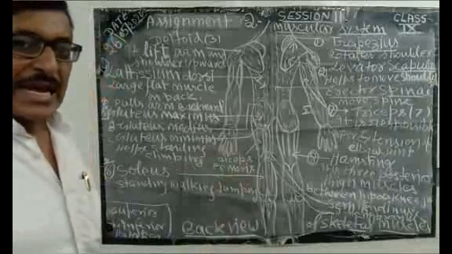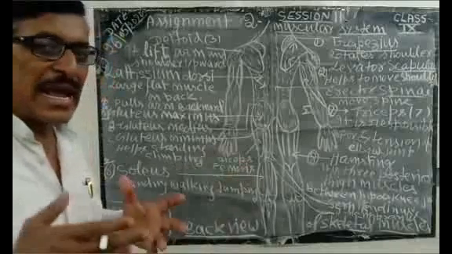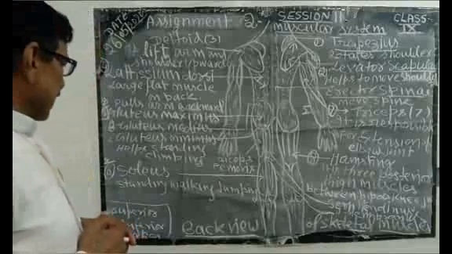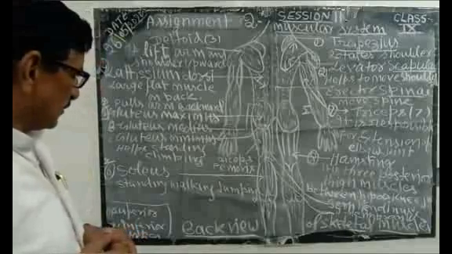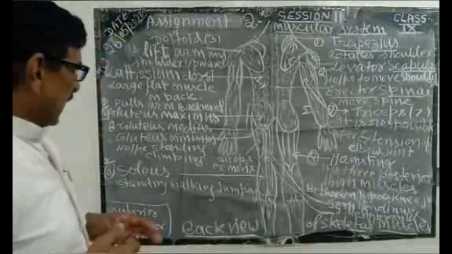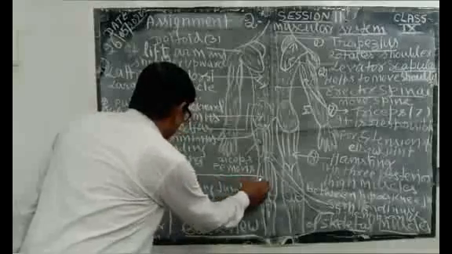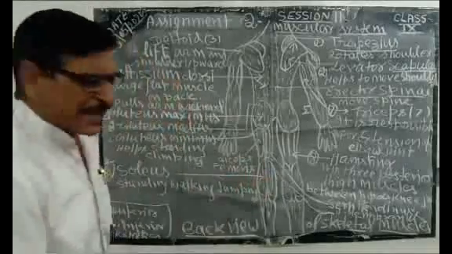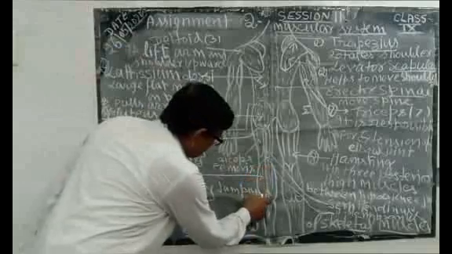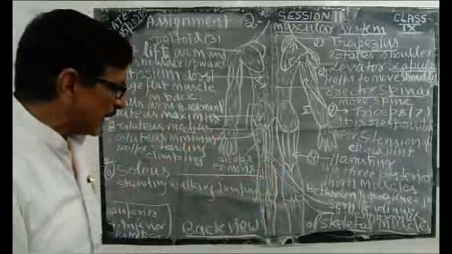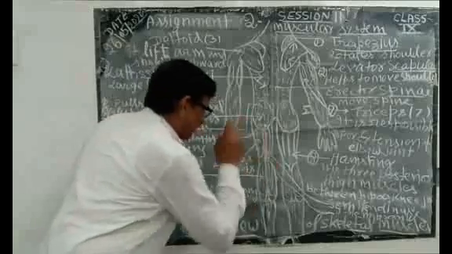Now, fourth step will be soleus. Soleus is a leg muscle. This one is the soleus muscle. It is situated in the back side of the leg near the knee joint.